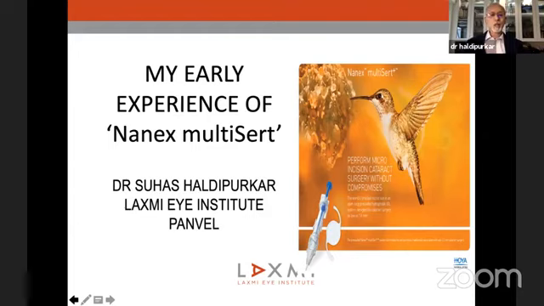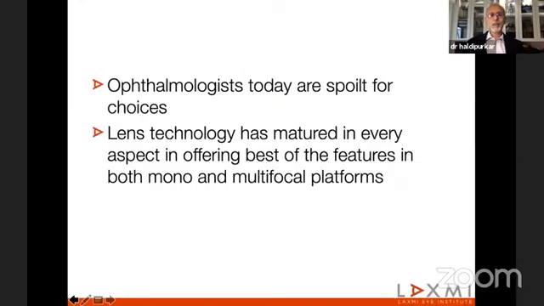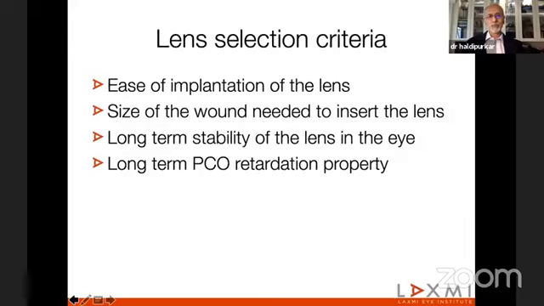Well, this talk is about my early experience of Nanex Multicert. Now, Nanex is the new baby in the Hoya basket. Ophthalmologists today are spoiled for choices. Lens technology has matured in every aspect, offering the best of the features in both monofocal and multifocal platforms.